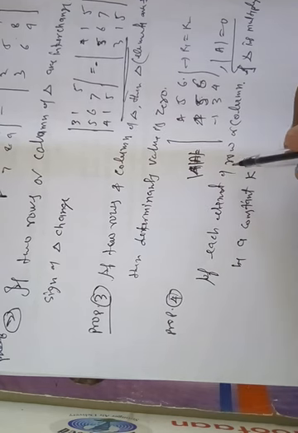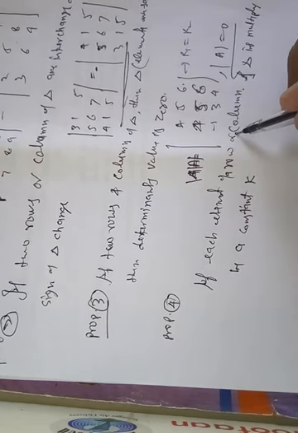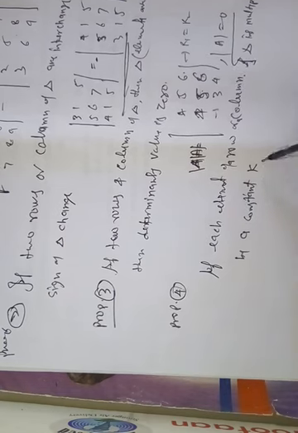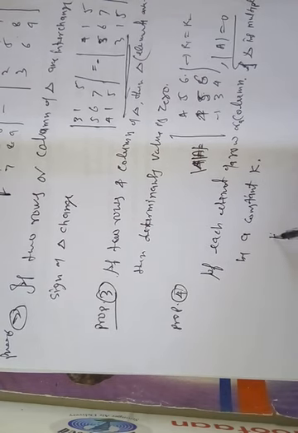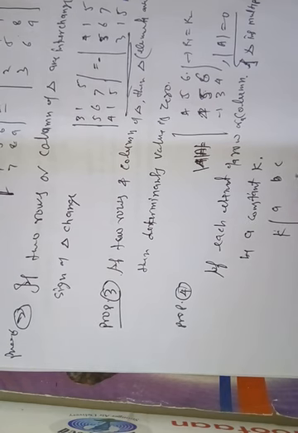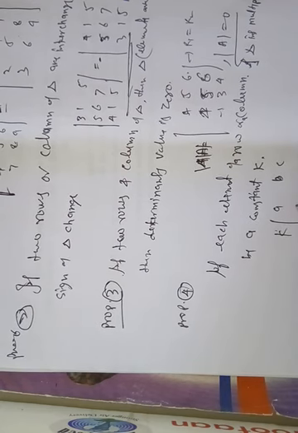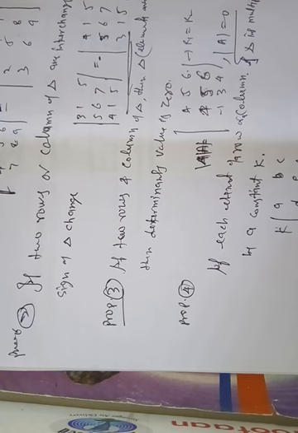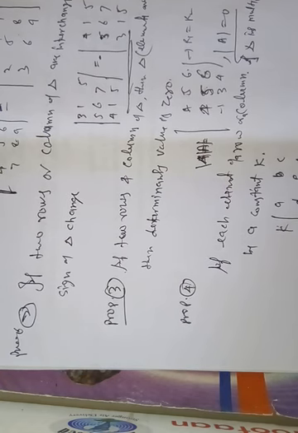Suppose the determinant has rows a b c, d e f, g h i.